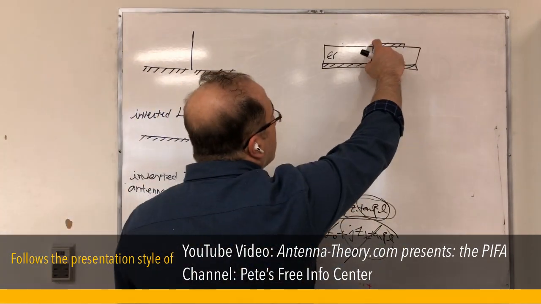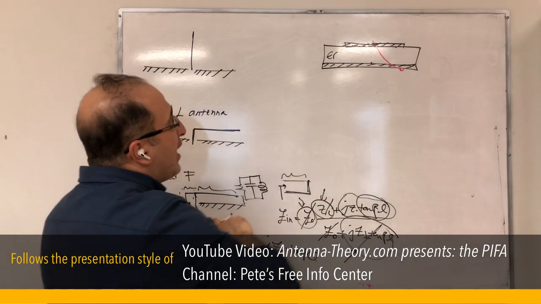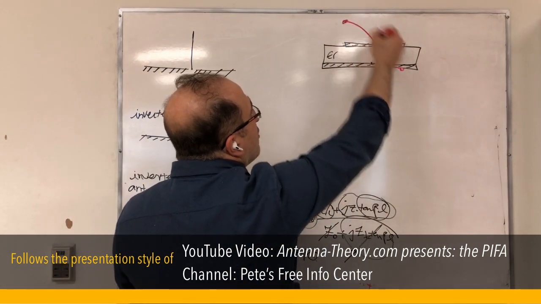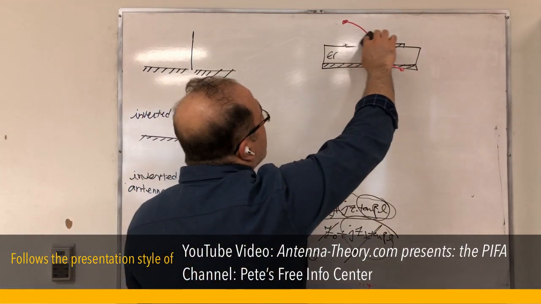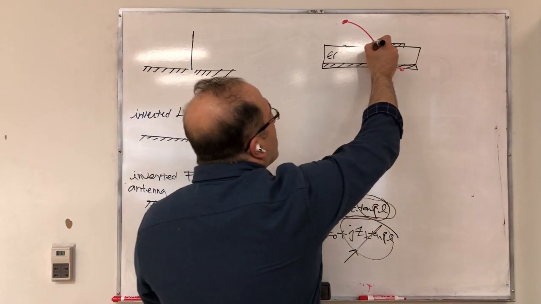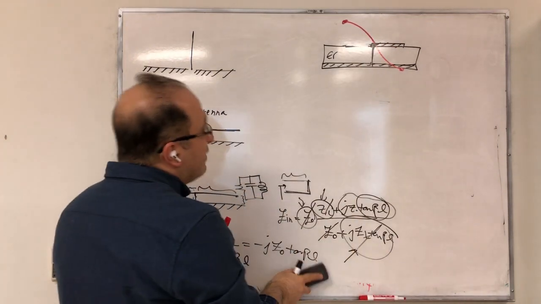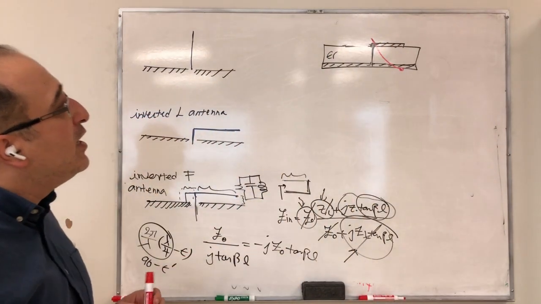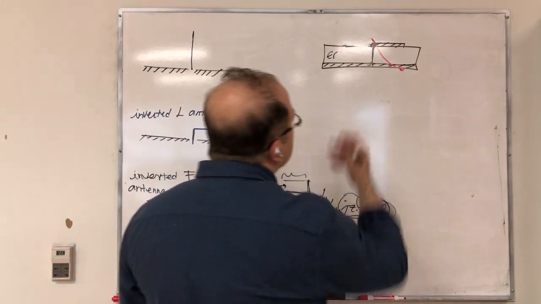Remember, without this shorting pin, it was automatically zero because you had a half lambda voltage going from Vmax to minus Vmax. Now, if you remove it and you want to keep the same structure for the half, you need to apply the correct boundary condition here, which is voltage zero. So you connect these together, and then you just keep this part. That's essentially what's happening with this. That gives you the same voltage.